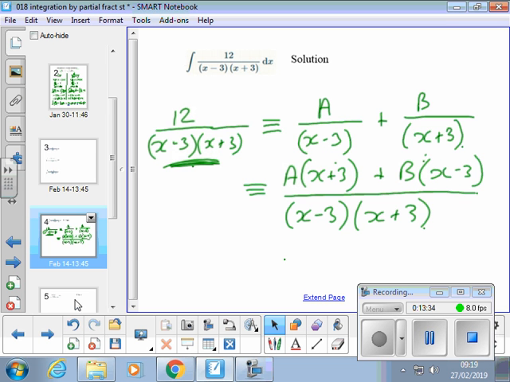What does that then mean we can do? Well, because now this denominator and this denominator are the same, 12 must be equal to this top line here. So we equate numerators.